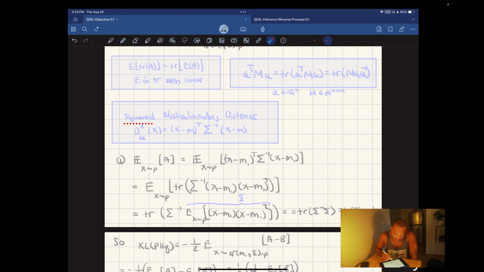I'm using this property and saying that this is equal to the trace of this, and then I switch the order of this vector and the inverted covariance matrix. Then we use this property, which is that the expectation of the trace is equal to the trace of the expectation.